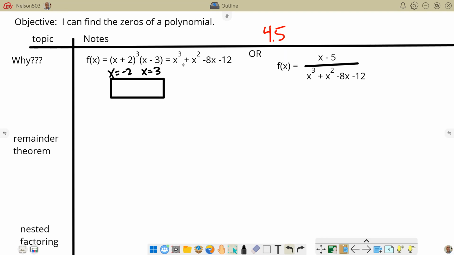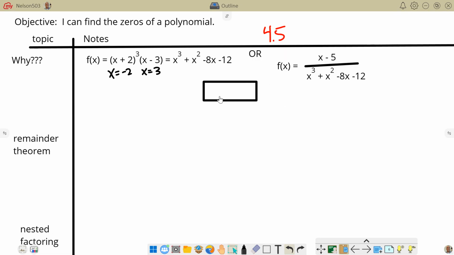So here's factored form, here's distributed or expanded form, right? Standard form. This is standard form when the degrees go down, like 3, 2, 1, and then 0, right? The exponents go down. You notice what I did here is I took this polynomial and I put it in a denominator of a rational function. So, like if we didn't see the factors in the denominator, it'd be way more difficult to find the vertical asymptotes.